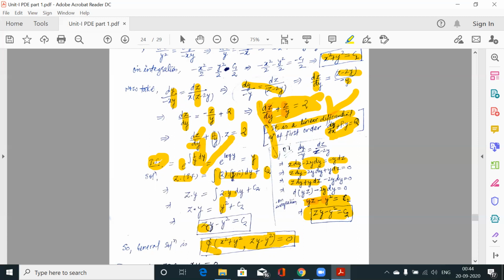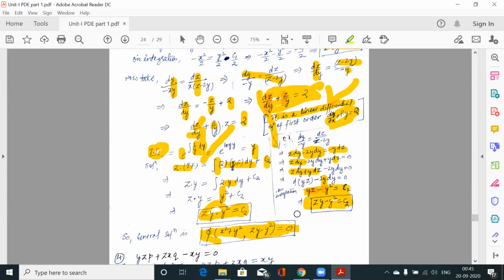So we get the same solution, zy minus y square is equal to c2. So we can use this form of solution also. Anyhow, there is no restriction on how to get the second solution. We can use any of the possibilities. Our objective is simply to get two independent solutions, u is equal to c1, v is equal to c2.